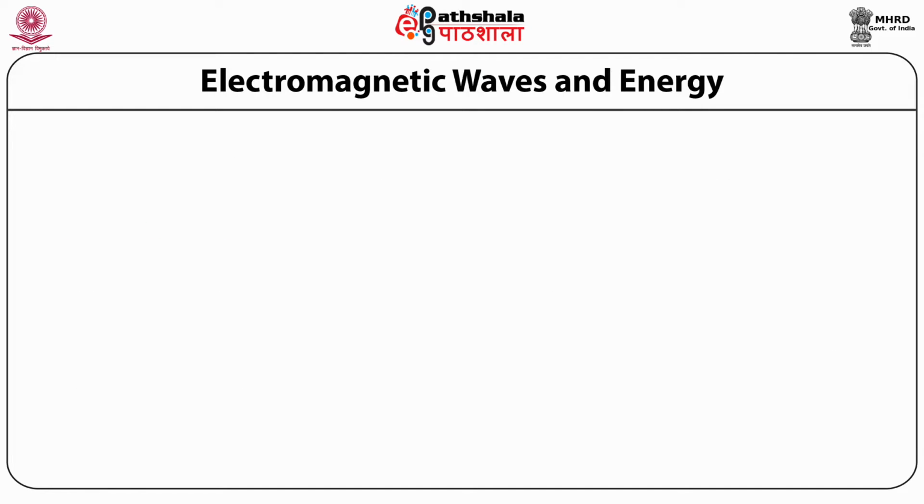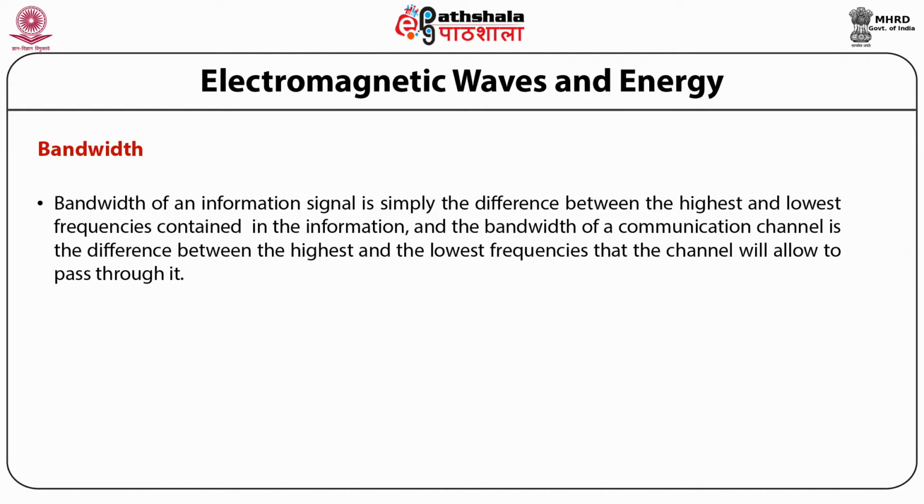Next one is the bandwidth. Bandwidth of an information signal is simply the difference between the highest and the lowest frequencies contained in the information, and the bandwidth of a communication channel is the difference between the highest and the lowest frequencies that the channel will allow to pass through it.